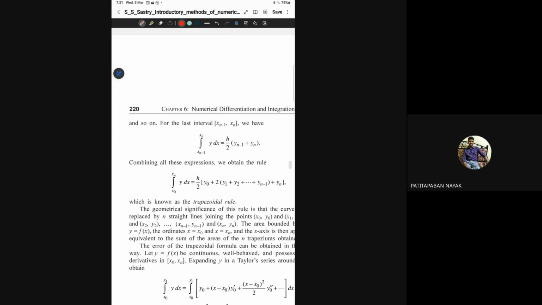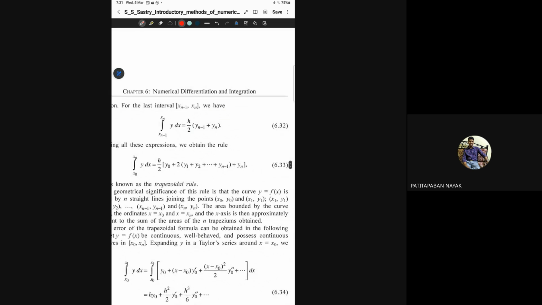Combining all these expressions, the rule would be h by 2 (y0 plus...). So first and last will be single, because see what exactly you are doing. First one is y0 plus y1, next one is y1 plus y2, next one is y2 plus y3. So only the first one on the left side will be single, y0.